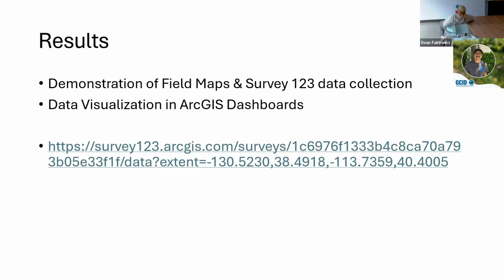So here is the water quality map. This is in ArcGIS Field Maps. I want to collect a point at the main pump station, so I just click on the point. Then I scroll down and go to the survey.